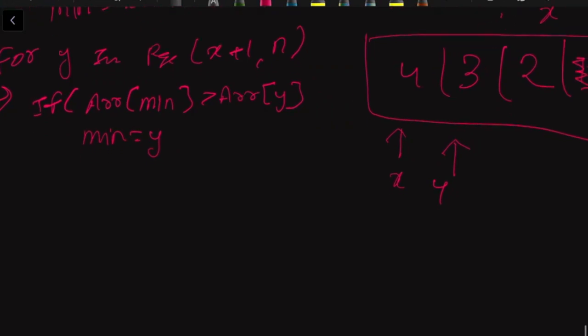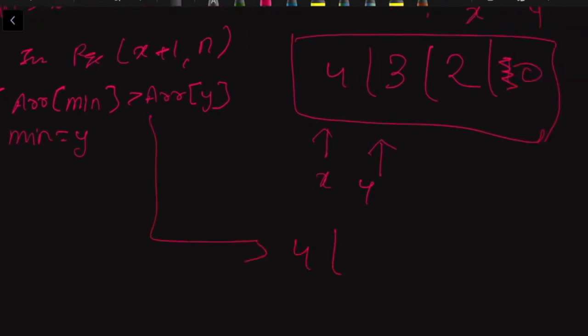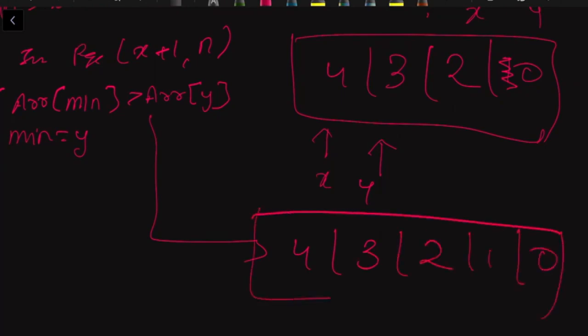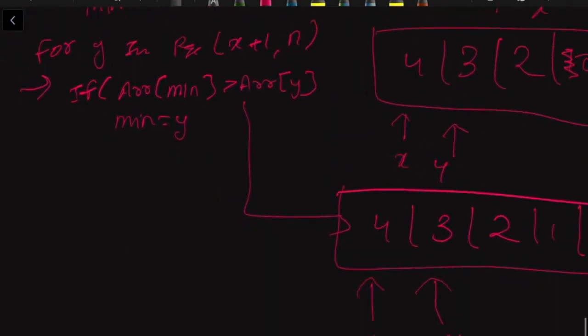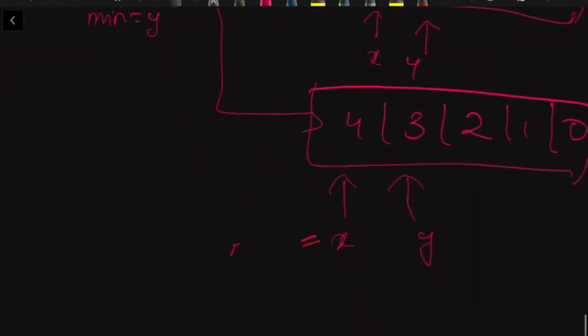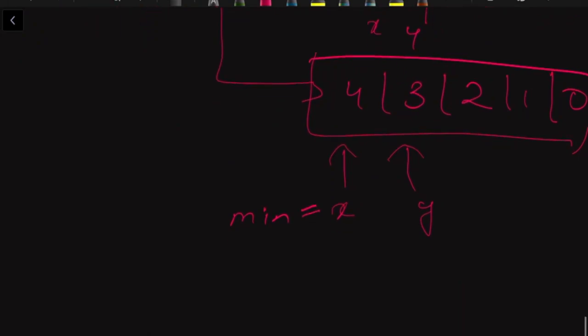So what I have done over here, let me explain it. 4 3 2 1 0. Our x is here, y is here. Basically our x is also known as the current minimum. So we'll compare array of minimum to array of y.